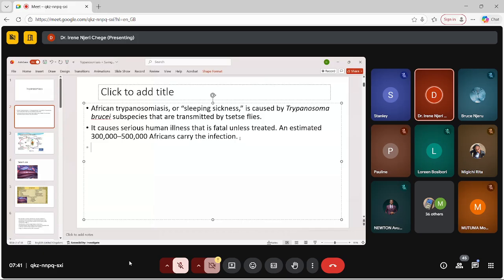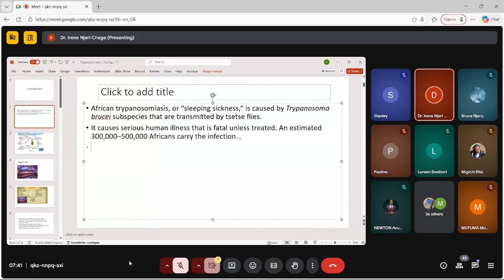And actually, the human is the definitive host. In Chagas disease, the infective form is in the feces, in the stool of this parasite. Okay. Now, that is the American form.